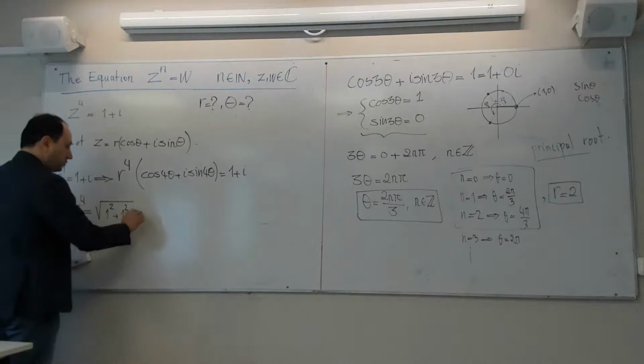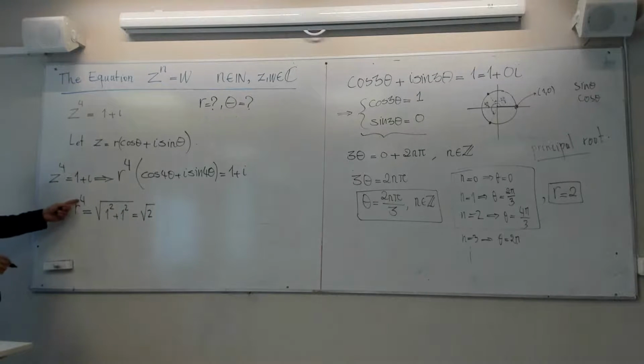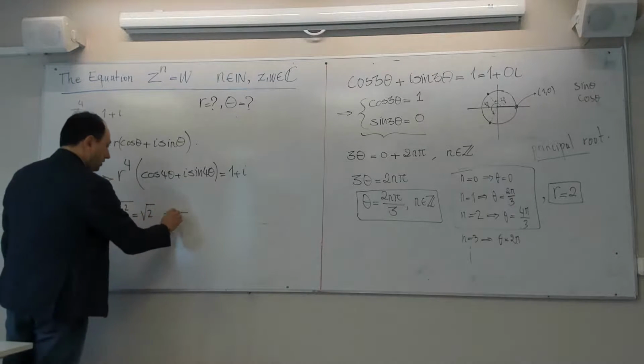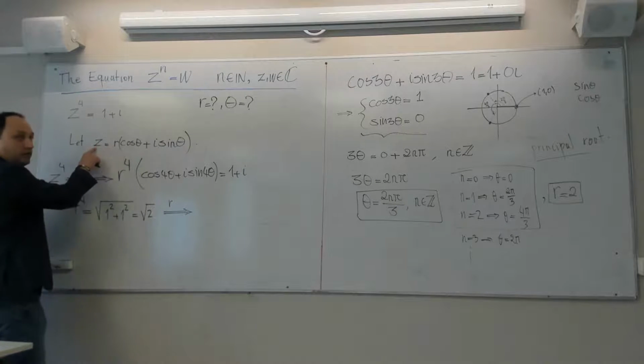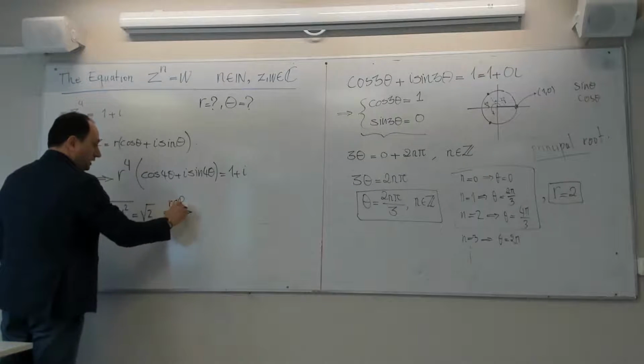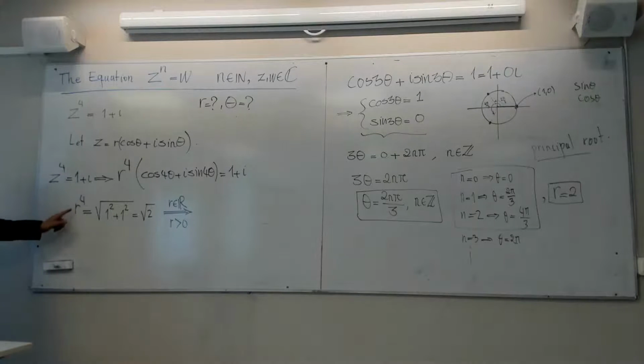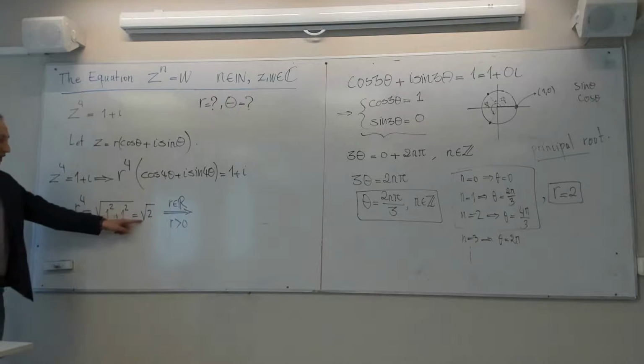So it becomes the square root of 2. So r to the 4 is this number, but I am looking for r. But be careful, r is the absolute value of a complex number, so definitely it is not only real, but also positive. Yes? So then r to the 4 is the square root of 2.